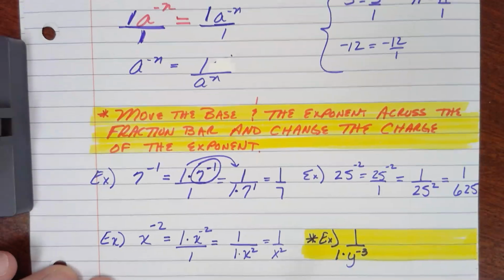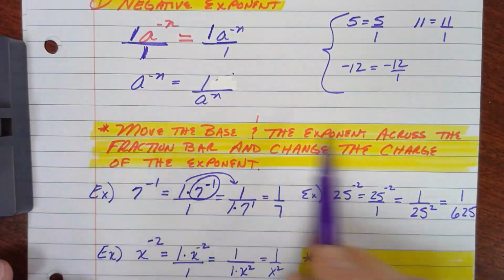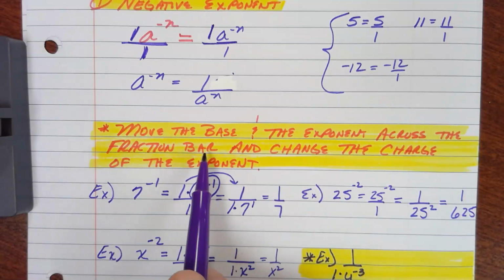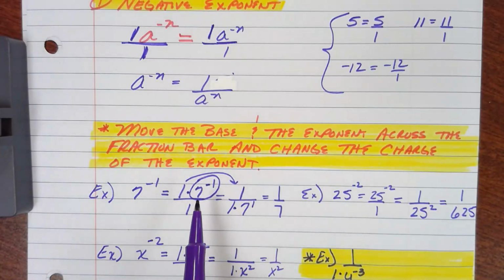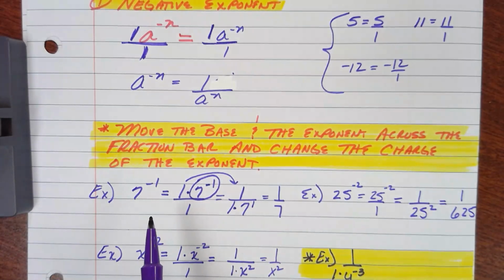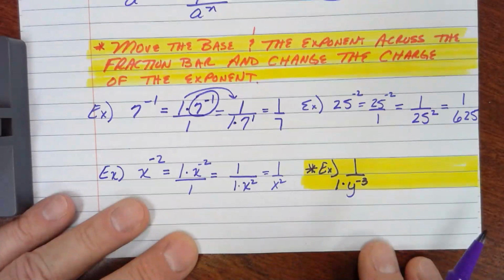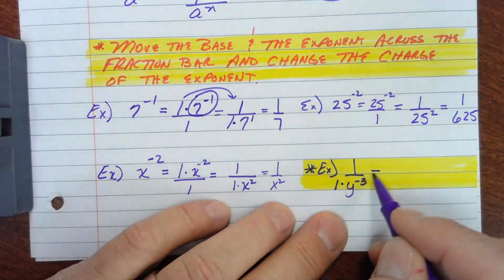If we go back up here and review the rule, it says move the base and the exponent across the fraction bar and change the charge of the exponent. It doesn't say from numerator to denominator or denominator to numerator. It says move it across the fraction bar. It's like a magic door. When you go through that door, it's going to change the charge on the exponent.